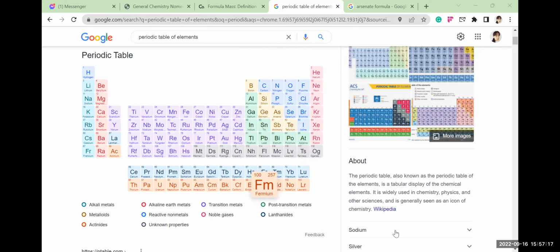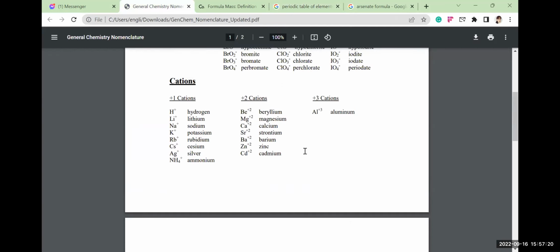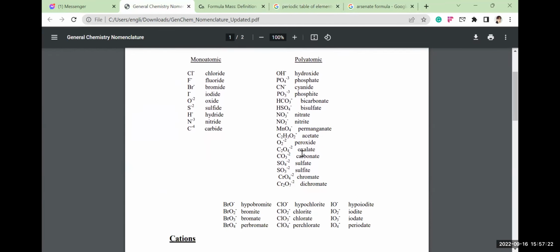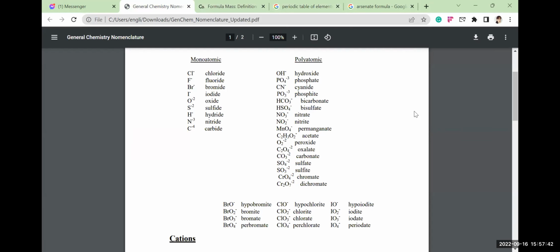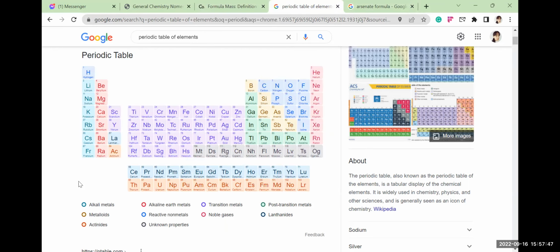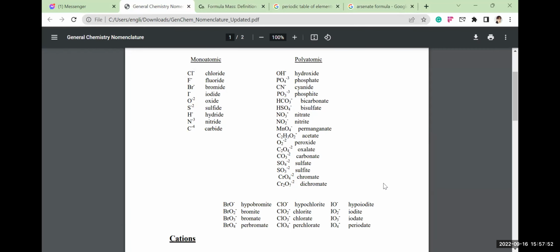So first, let's go back to your polyatomic ions. Can you tell me what the formula is if I have a compound called francium perchlorate? If I have a compound called francium perchlorate, what's the chemical formula?